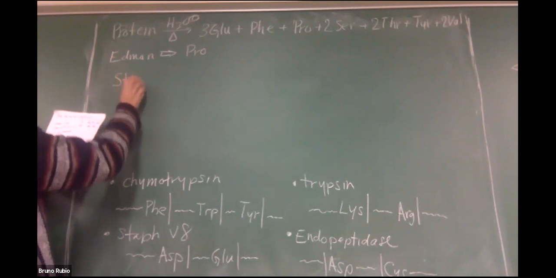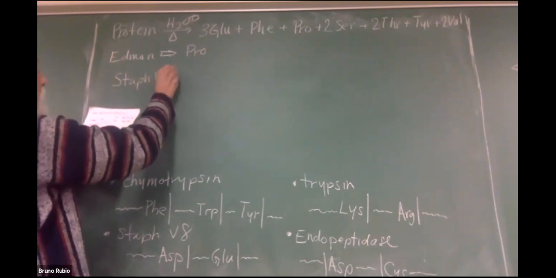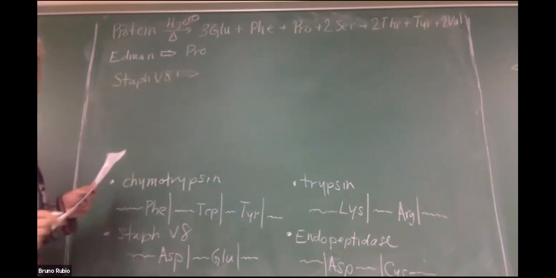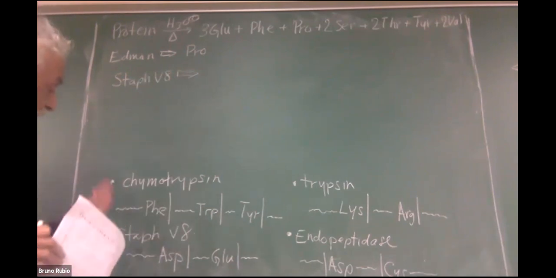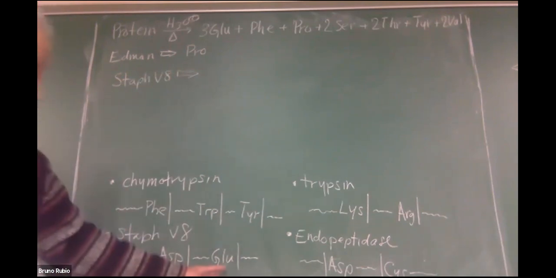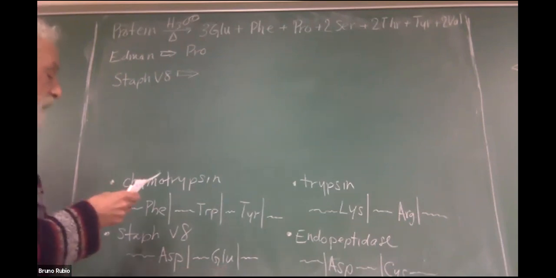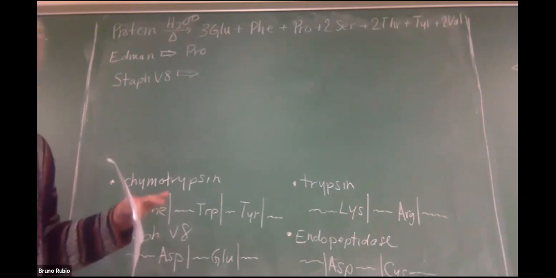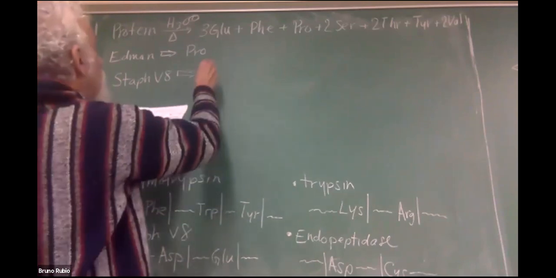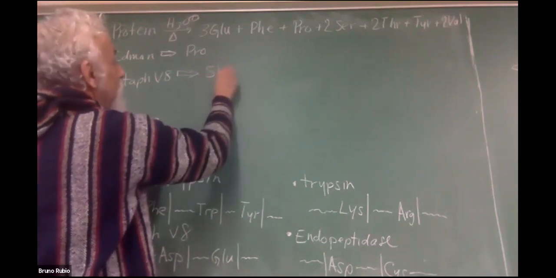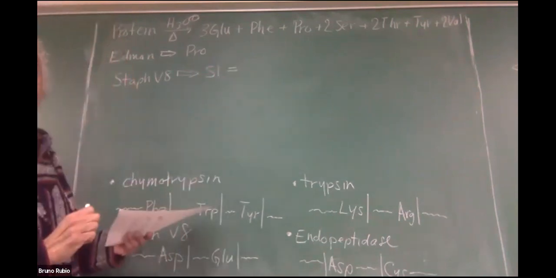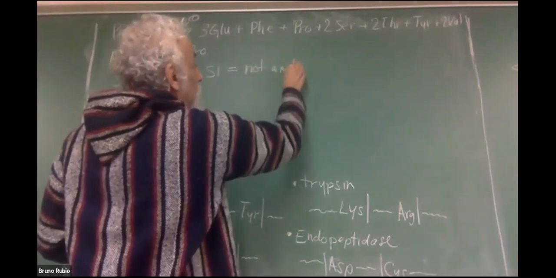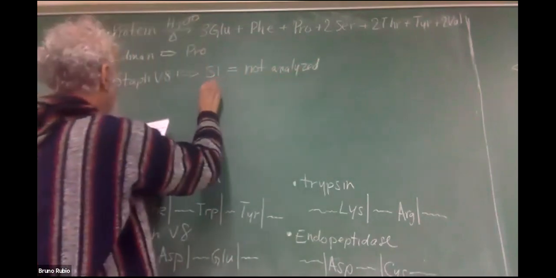Okay, and so then we took staph V8. We took staph V8 and we got 3 fragments, because staph V8 breaks after an aspartic acid and after a glutamic acid. I'm going to call them S1, S2, and S3, the S standing for staph. So we got S1, and S1 was not analyzed. We didn't have to. So that's a big mystery.